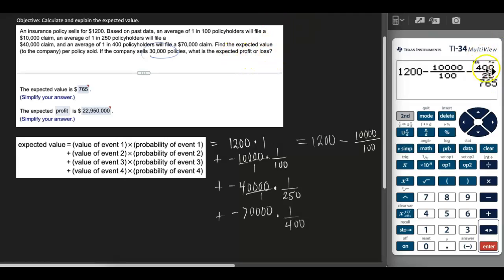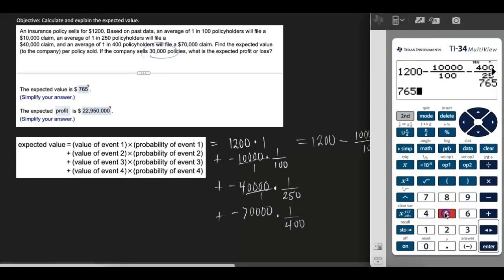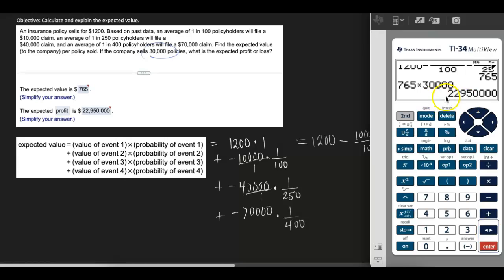So if 765 is the value of just one, all we need to do is take 765 and multiply it by selling 30,000 policies. And this is what we should get. This very large number, 22,950,000. And again, because that is positive, the insurance company experiences a profit.